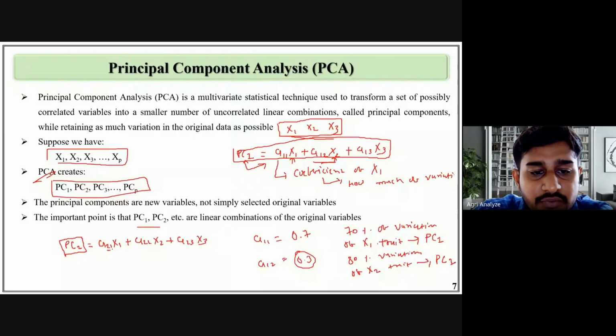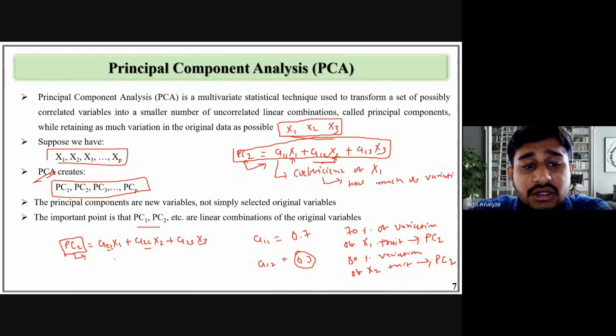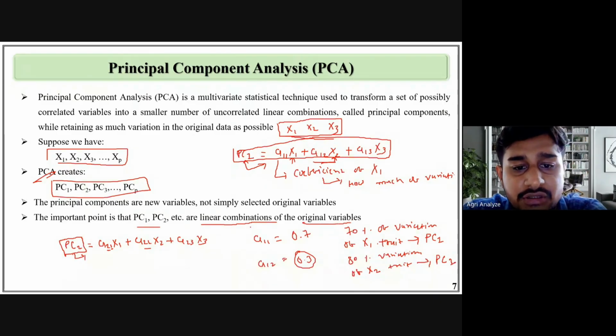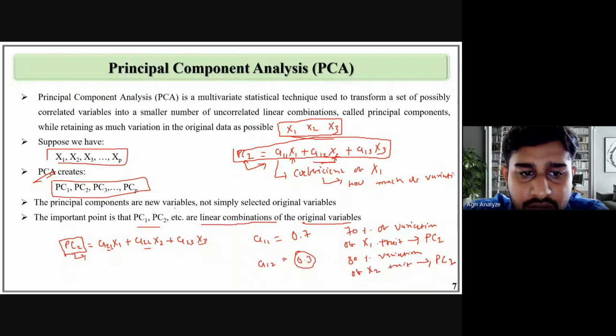Here 1 means the first variable, and 2 means the second principal component. Okay, so that's why the principal component is the linear combination of our original variables. Okay. Does anyone have a question? How is it the linear combination of our original variables?